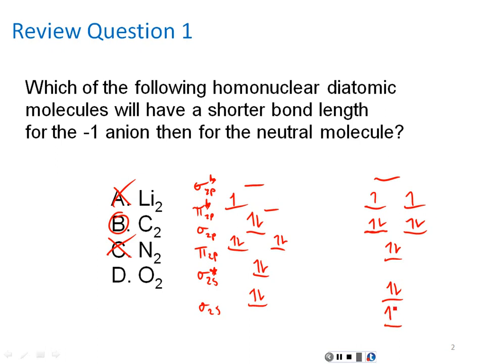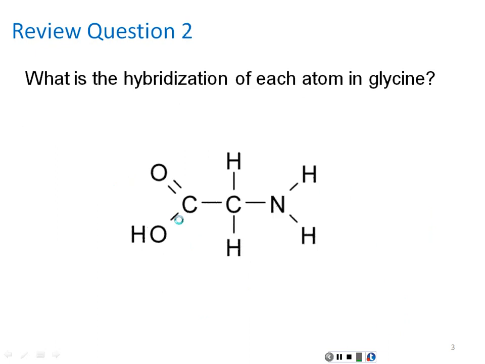Sorry, I missed an orbital there. 1, 2, 3, 4, 5, 6, 7, 8, 9, 10, 11, 12 electrons. And this is the pi star anti-bonding orbital. So when we look at the O2 anion, we add another electron, and that's added into the anti-bonding orbital, and that would destabilize the bond, make it weaker, and make it longer. So the correct choice is C.